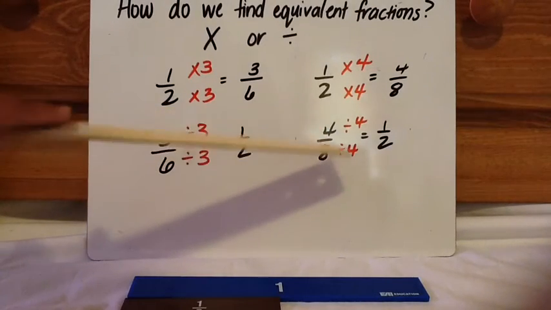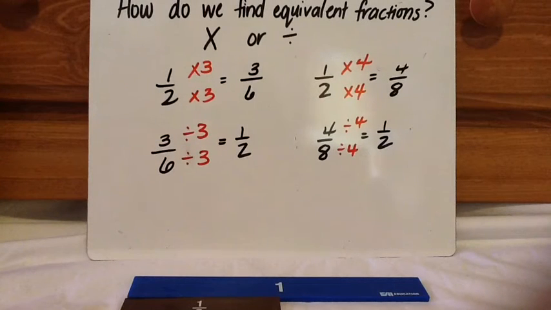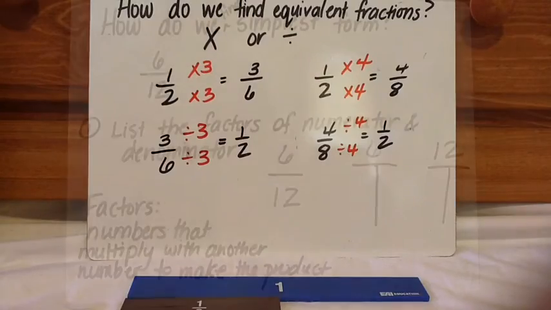You can take 4/8 and divide by 4 and get 1/2. So it's exactly the same thing. There's nothing new. However, when you want to find simplest form, there is an additional step. You can't just choose to divide by anything. You've got to find a common factor. So let's learn that next.